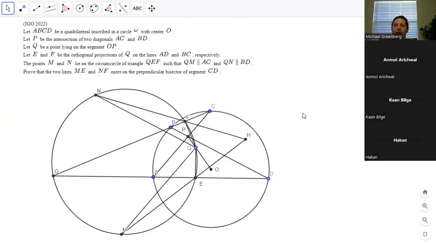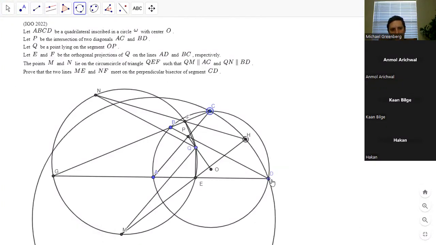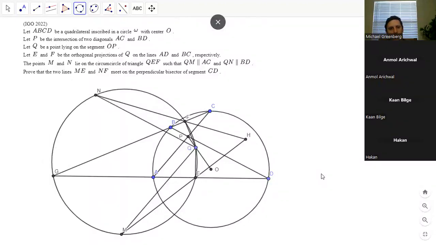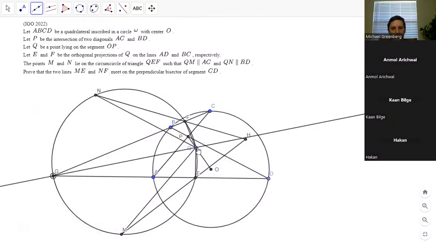Yeah, I haven't seen too many statements like this. Prove that two lines meet on the perpendicular bisector. So I wonder if there's some other cyclic quad here that we could find. Are G, Q, and H collinear? That would be nice, but yeah, it's not true.